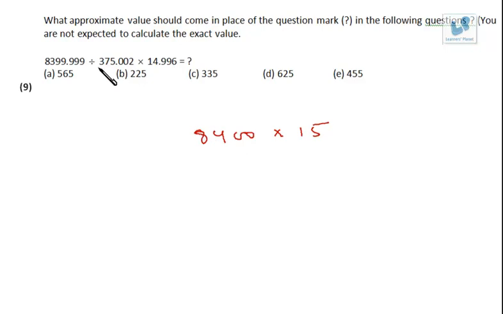Now this division 375.002, I'm making it 375, right? So the divisor, this particular number, is approximated to the lower side, right? So whatever answer we are getting over here will be on the upper side of the actual answer, right? Now let's calculate it.